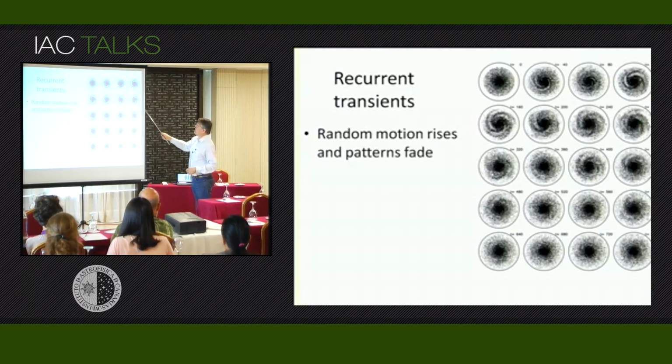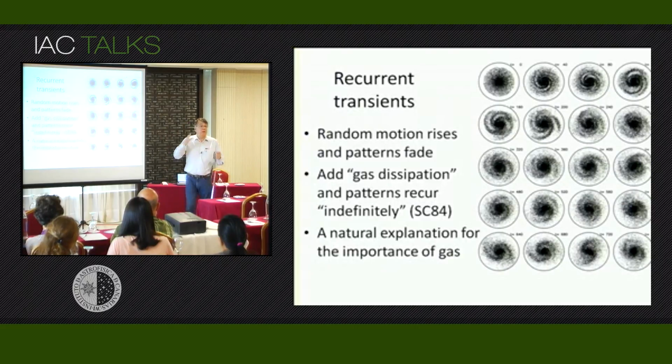But I myself have taken an even bigger shortcut in terms of dealing with the dissipation in the gas. If you do a simulation, as I did with Carlberg back 30 years ago, the spirals begin to form. This is just 2 dimensions.